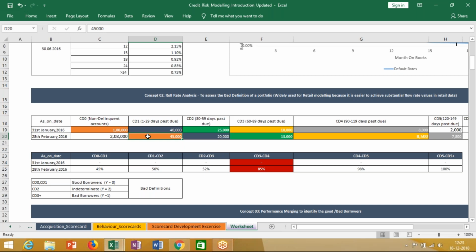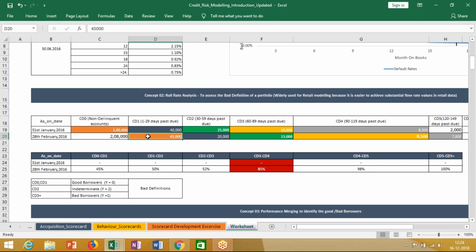Historically, once you have done it for multiple years, you know that accounts or balances which hit the CD3 bucket have hardly any chance of recovering back. So once your account has hit the CD3 bucket, it has become bad because there is hardly a chance of rollback.